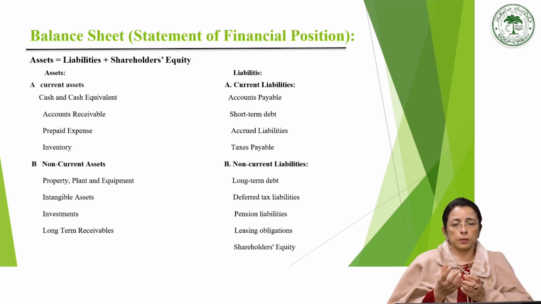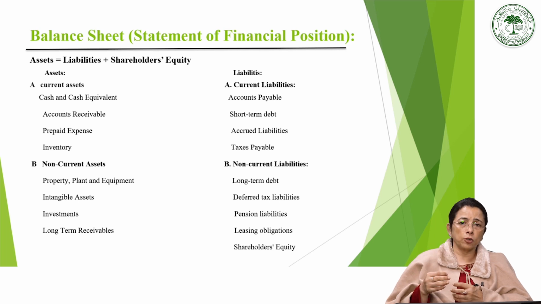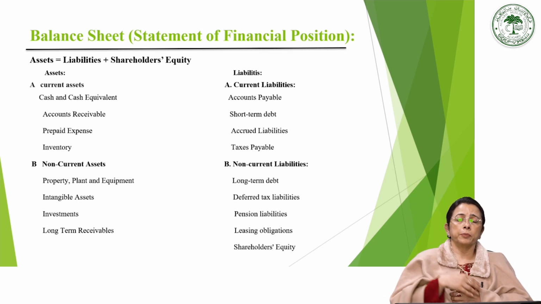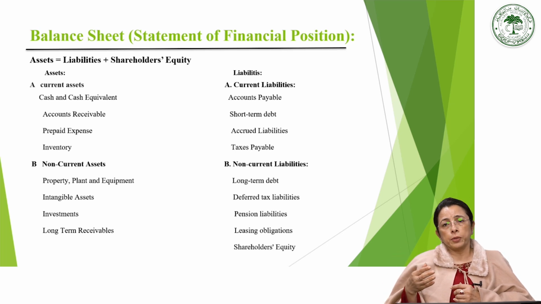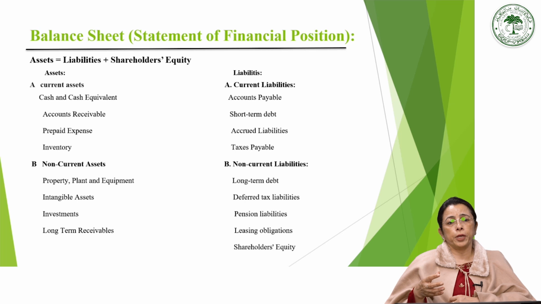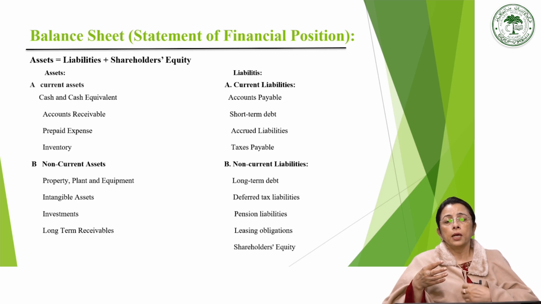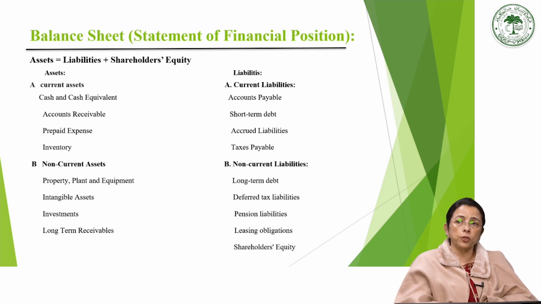For example, you are acquiring a building and using it, but before the start of the year, you have paid the rent all in advance for 12 months. But still you have another 12 months to use that building. So this becomes an asset. Prepaid expenses become an asset, that is all the expenditure that you have done in advance.